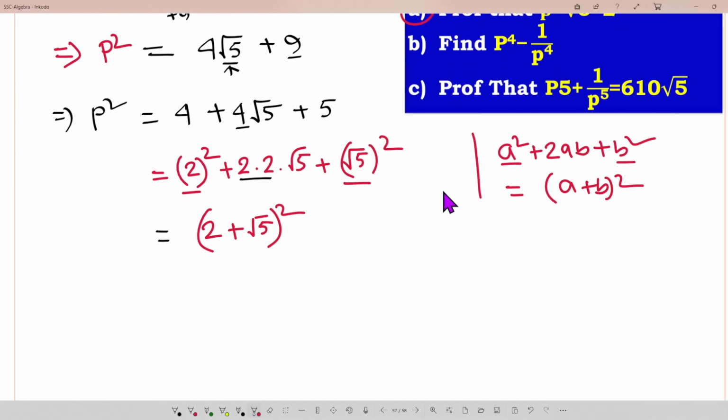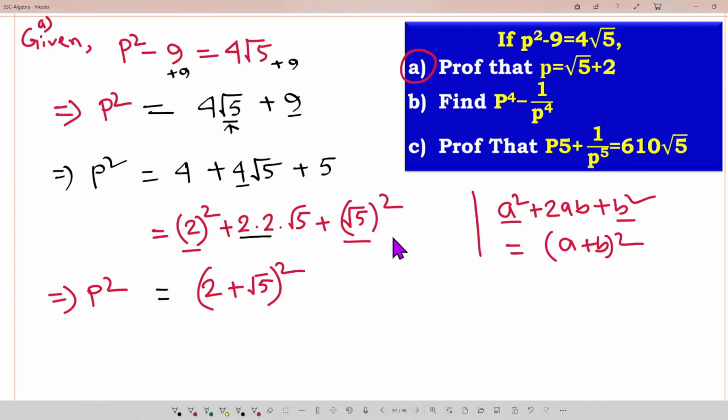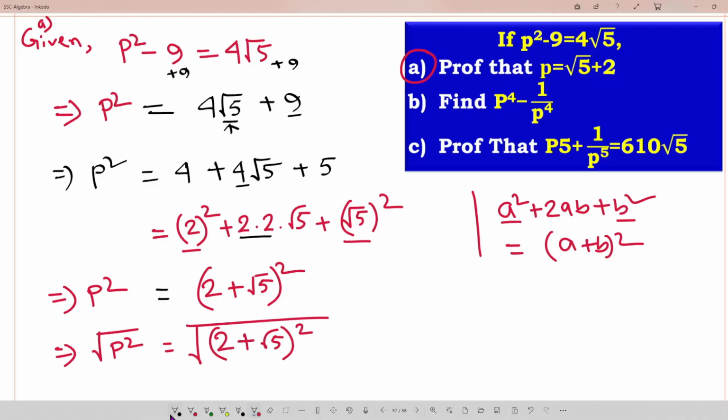right? Now this is p². Now we can take the square root of both sides. So we can write root p² and here is root of 2 plus √5 whole square, right?